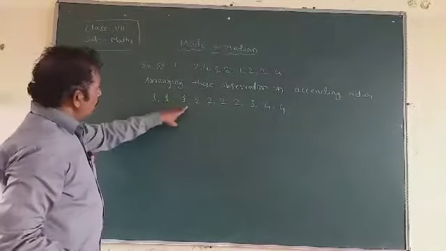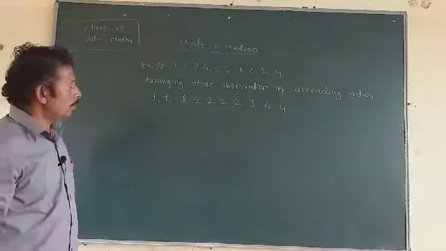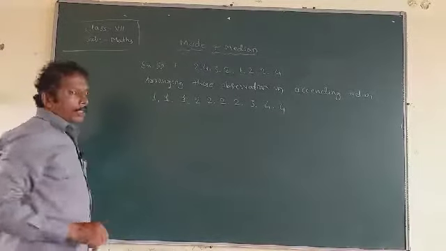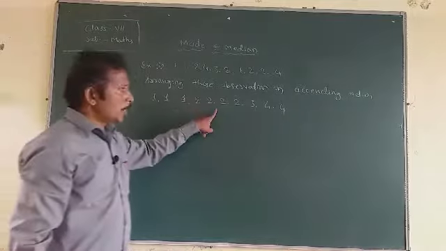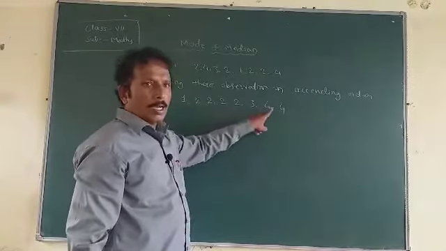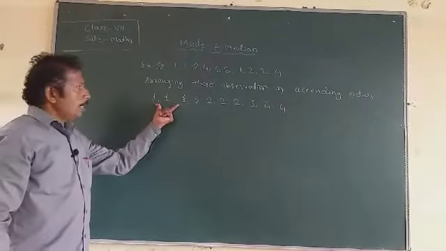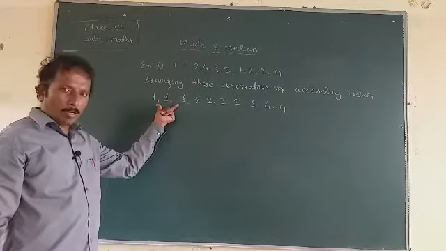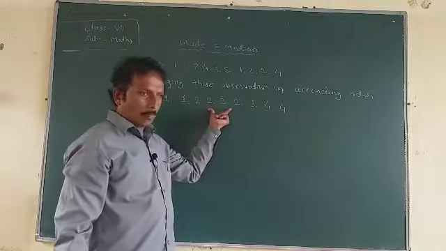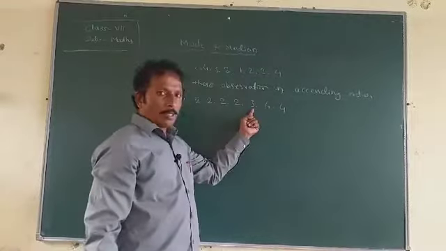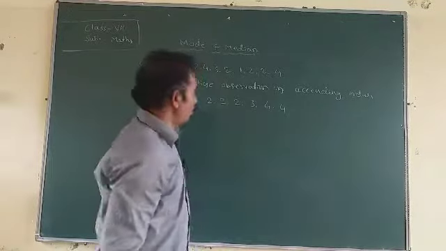So, when we arrange the given observations in the ascending order, there are only 4 digits: digit 1, digit 2, digit 3 and 4. Now 1 is repeated. 1 occurs 3 times, 2 occurs 4 times, 3 occurs only once and 4 occurs 2 times.